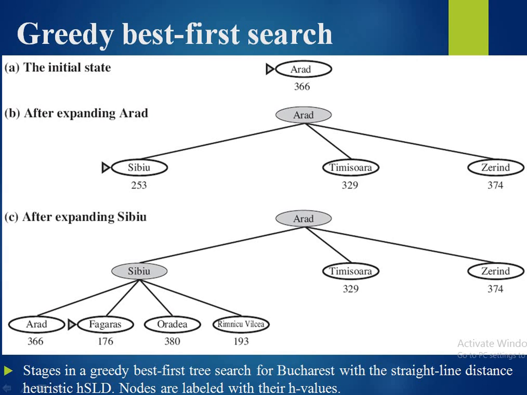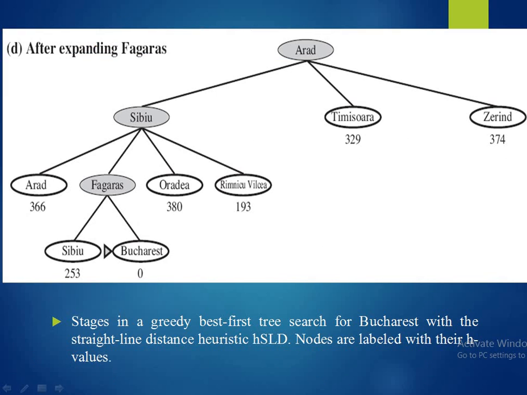So these are the stages in a greedy best first search for Bucharest with the straight line distance heuristic hSLD. Here the nodes are labeled with their h values. In figure D, Făgăraș is expanded.